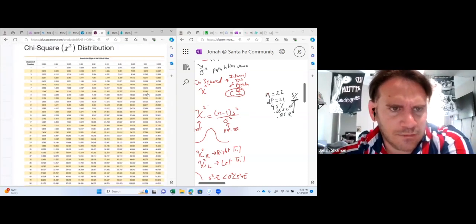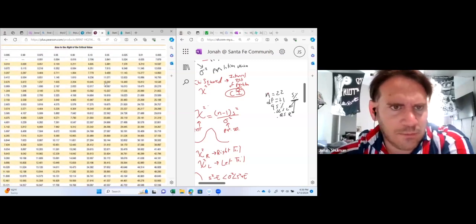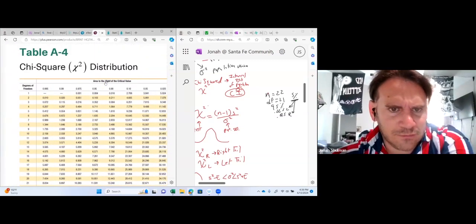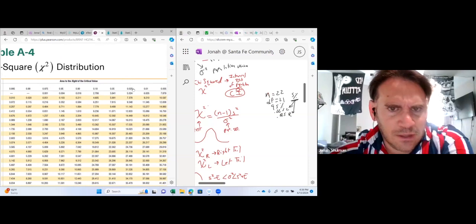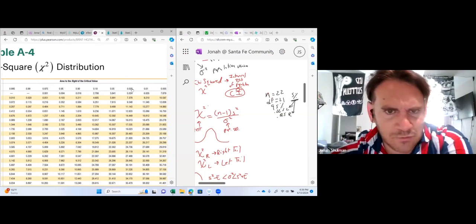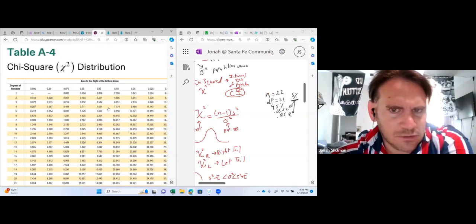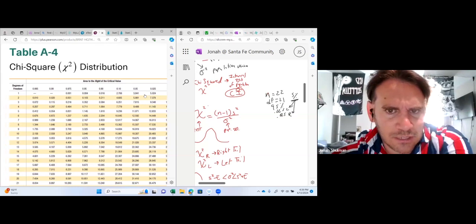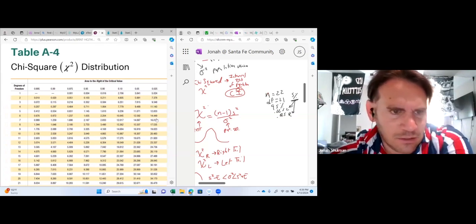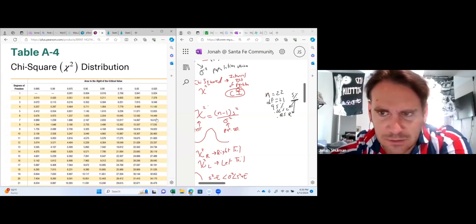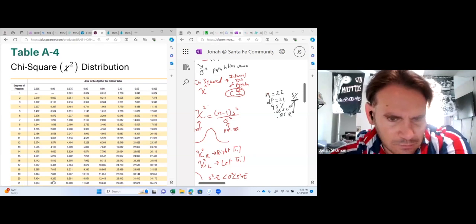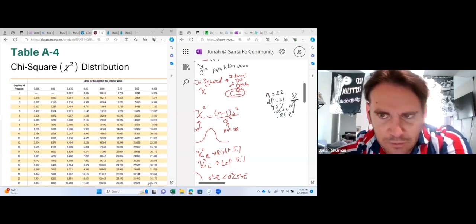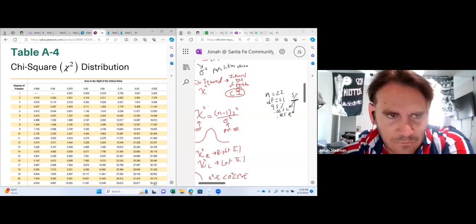Here's our table, right? Remember, we want 0.025. Area to the right has to be 0.025. And our degree, so 0.025 is right here. It's the last one on my little line. We just have to go down to 21. 0.025, 21. I believe it's going to be 35.49.